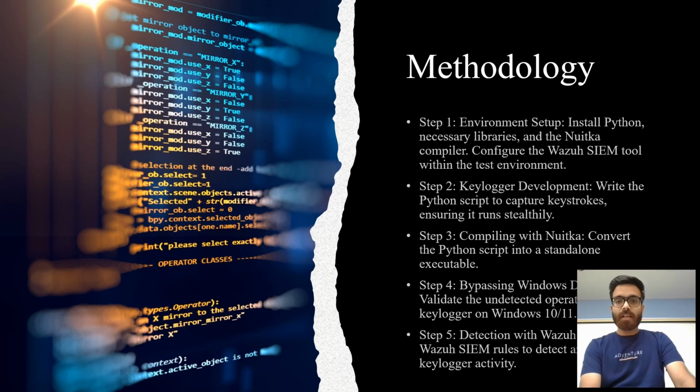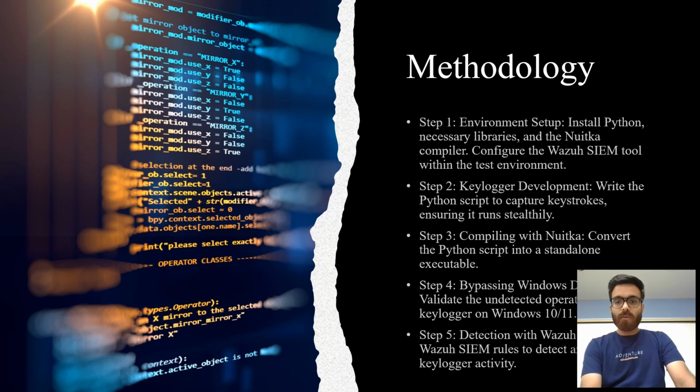In this project, we followed a structured approach to achieve our goals. First, we set up the environment by installing Python and its necessary libraries and the NMPT compiler. We also configured the Wazuh SIEM tool within our test environment. Next, we developed the keylogger using Python, ensuring it runs steadily in the background.